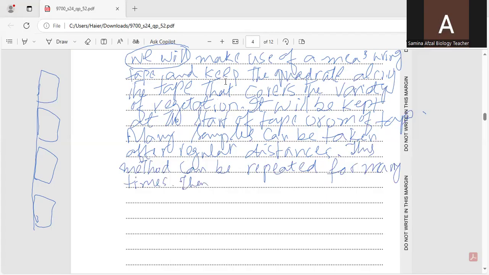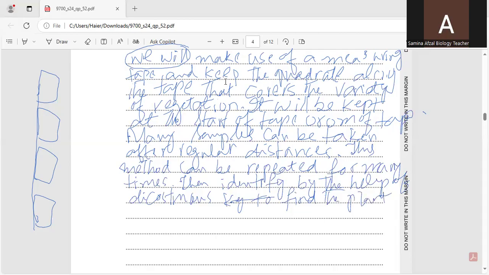Then identify the plant species growing there by the help of a dichotomous key.